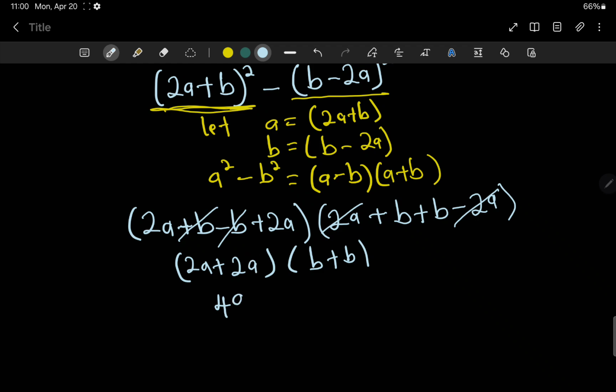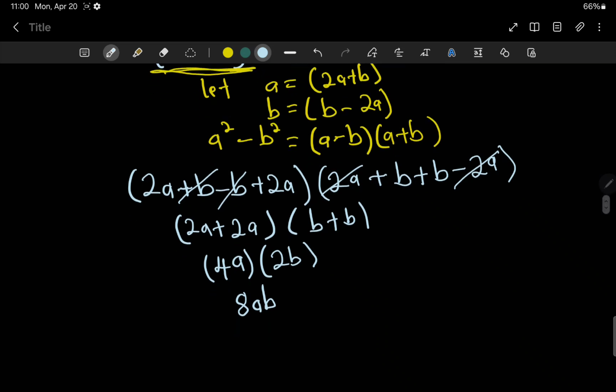So now we'll have 4a, and then this b plus this b will give us 2b, right? So after multiplication, we multiply this by this, we will have 8ab. So that becomes our final answer.